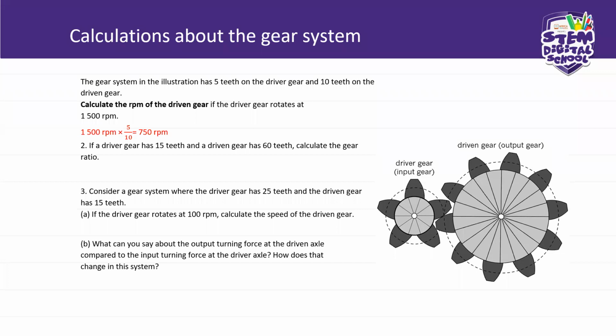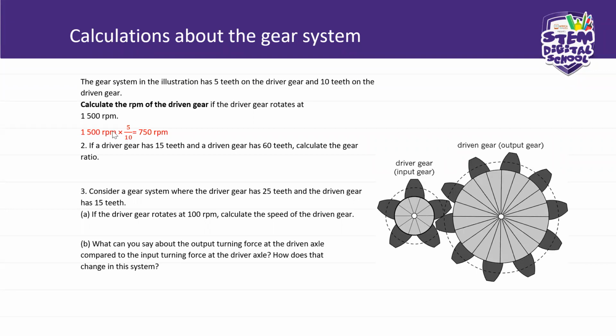Okay, I see, Natalie, your problem is that I didn't demonstrate the formula for this 5 divided by 10. What does it mean here? It means the number of teeth on the driver gear divided by the number of teeth on the driven gear.